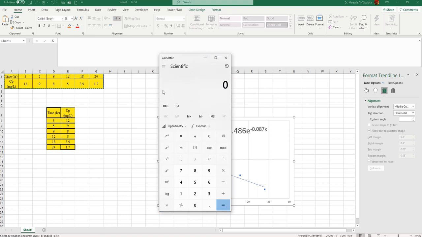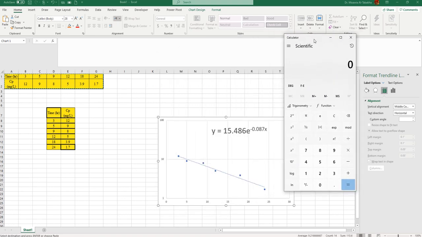Calculator, I will start with e to the power of 0.087, this is negative, multiplied by 2, because it said following 2 hours of infusion. Equal, it's giving me 0.84.